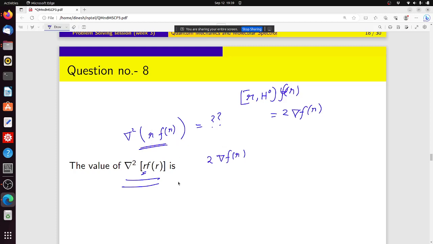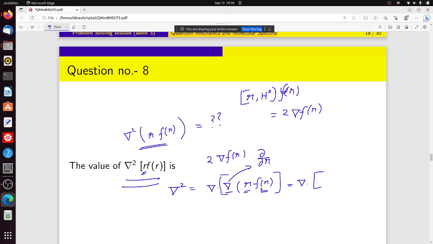So del square means del dot del, and now you have to operate on this r f of r. Let's do the operator first. There are two functions and one operator, then del dot, where this del means del over del r.